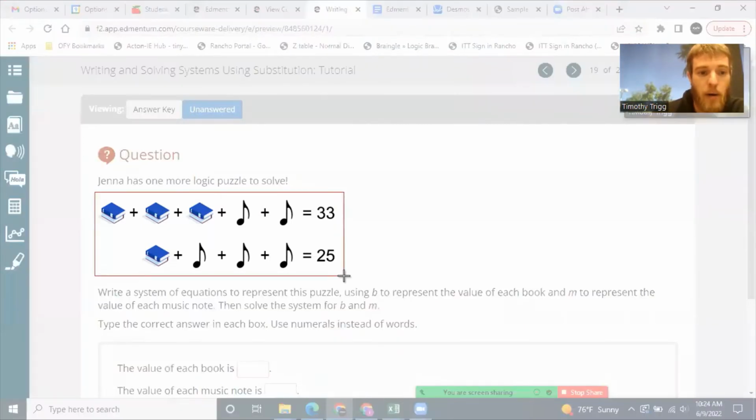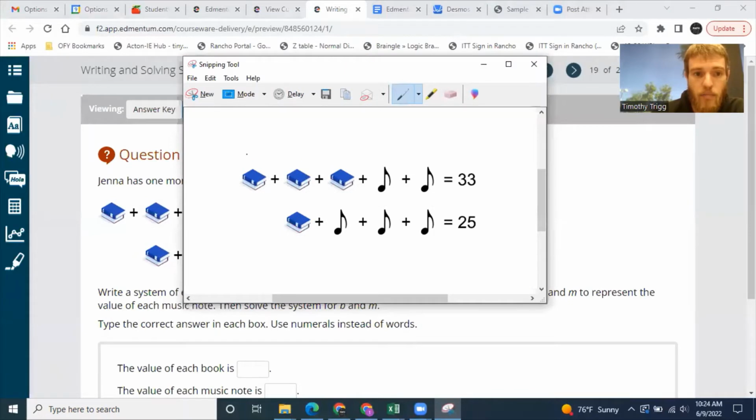Well, let's think of our piles of books as our x values. So this is like x plus x plus x. And then we could think of these notes as y's. So this would be like y plus y. Similarly, what would this second equation look like?